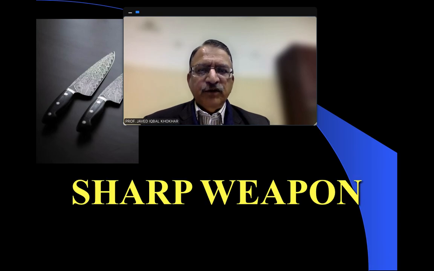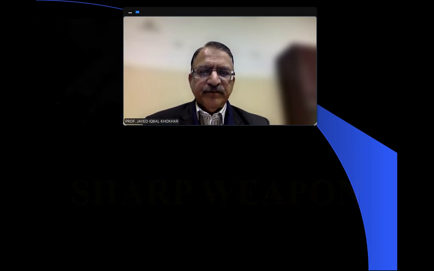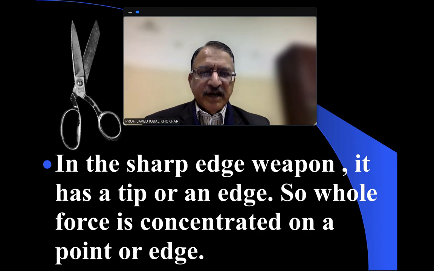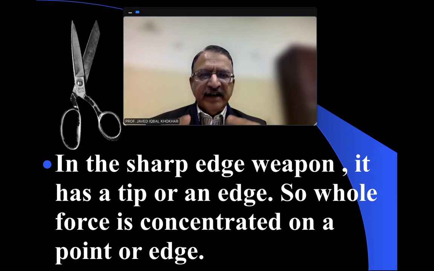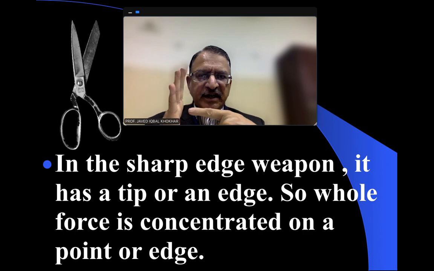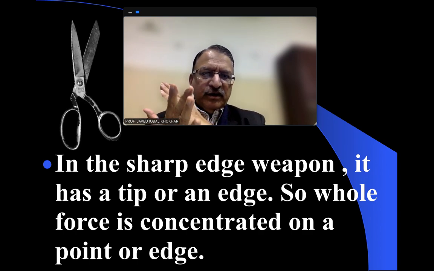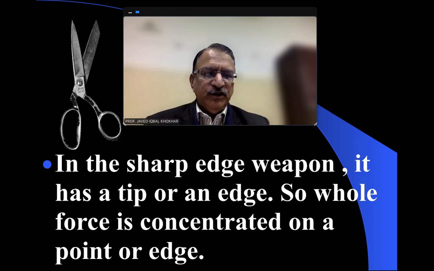Now, when we talk about the sharp edge weapons, basically either the tip of the sharp edge weapon or the edge of the weapon is used. So the whole force is either concentrated at the tip when the tip is being used, or upon the edge when the edge is being used.